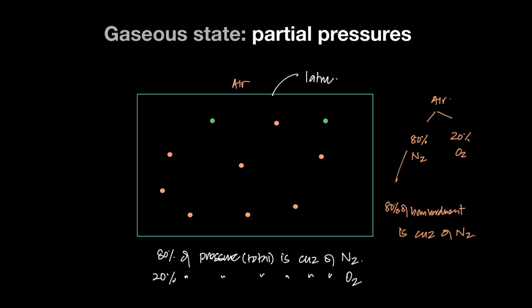Now 80% of those molecules are nitrogen, so 80% of the bombardment is because of nitrogen, which means 80% of the 1 atmosphere was generated because of nitrogen, and therefore 20% of 1 atmosphere is the pressure generated by oxygen. And what is 80% of 1 atmosphere? 0.8 atmosphere. So 80% of this is 0.8 atmospheres, and 20% of 1 atmosphere is 0.2 atmosphere.